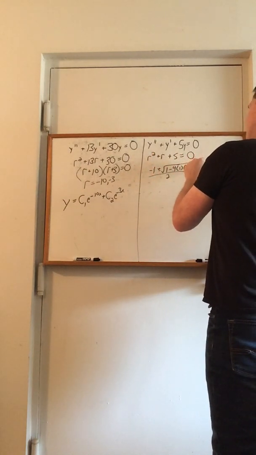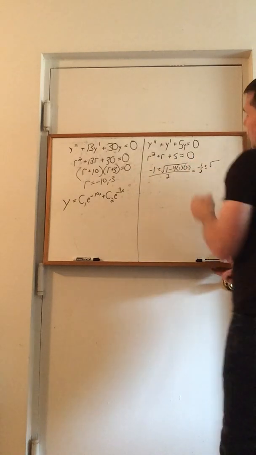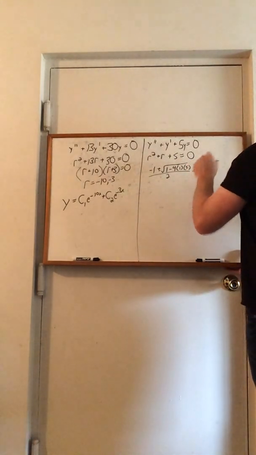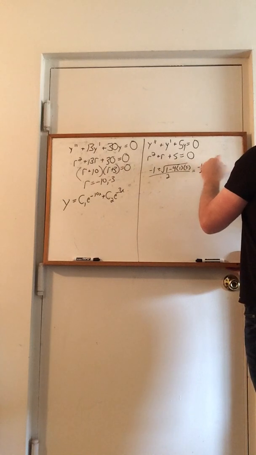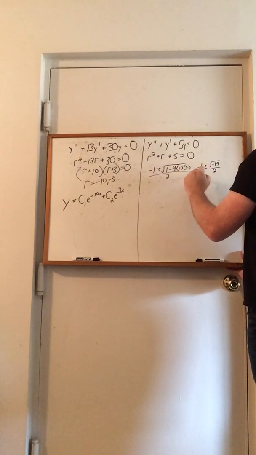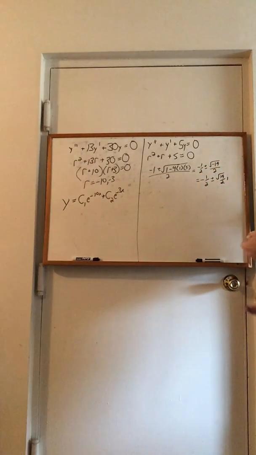I get negative a half plus or minus the square root of 1 minus 20, which is negative 19, all over 2, which is negative a half plus or minus root 19 over 2 i.